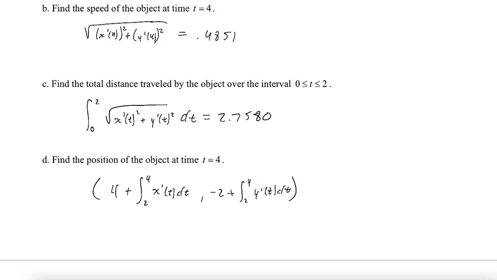That will give me where I end up. So let me take a second to type that in. And this comes out as these numbers. So that is my position after 2 seconds of more travel.